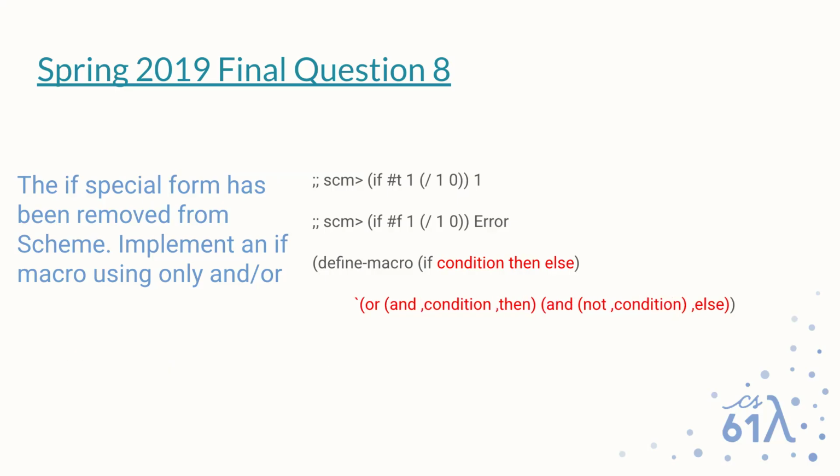Exactly. So we put a quasi-quote in front here, and then put unquotes in front of everything we want to evaluate. Because if you look at the doctest, everything here gets evaluated. So you want to unquote the condition, then, and else, so we know exactly what to return from the if statement.